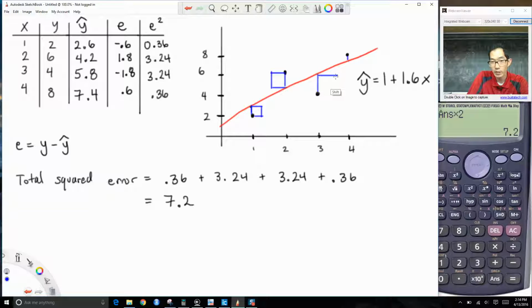Alright, so what this basically says is that if I drew little squares for each of these things, and I found the area of these squares and I added them all up, the total area of these squares is equal to 7.2.